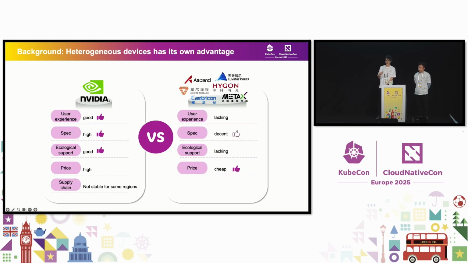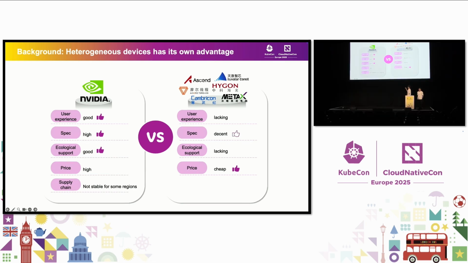And you may guess we are from mainland China, so in our country, the high-spec Nvidia can't be imported very easily. So we have to use alternative cards from these device vendors. They are all alternative plans for Nvidia cards.